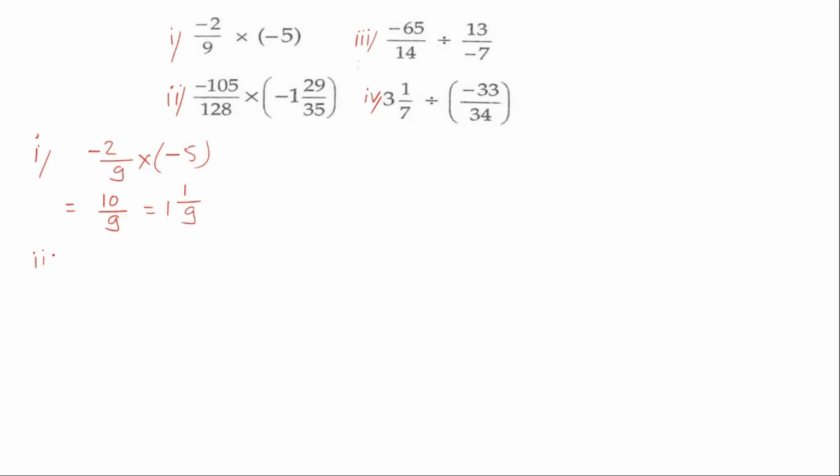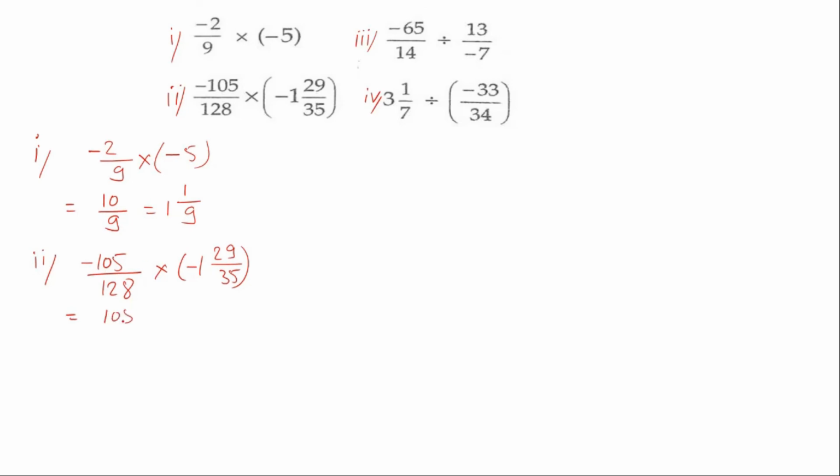Number 2, minus 105 by 128 into minus 1 whole 29 by 35. The first work that we will do is to convert mixed fraction into improper fraction and multiply symbol. So minus into minus is plus.